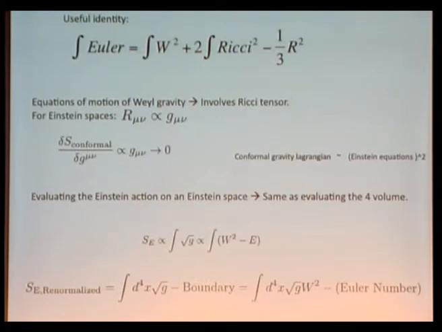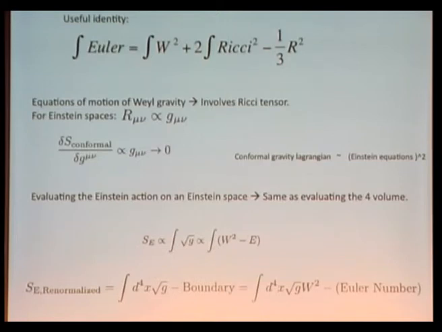They follow from a very simple relationship. It is the fact that if you write the Euler density, which is an expression quadratic in the curvatures, it can be written in terms of the Weyl tensor and contractions of the Ricci tensor. And so if we had this action for conformal gravity, then the equations of motion come from varying this action. But this is a topological invariant, so that's the same as varying this action.